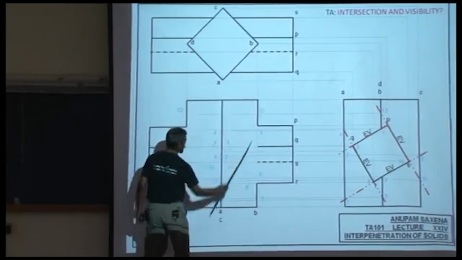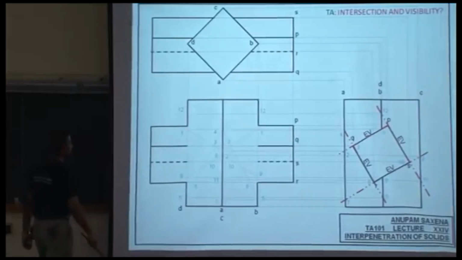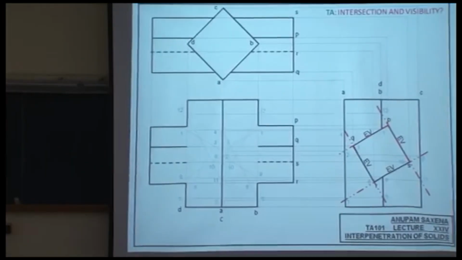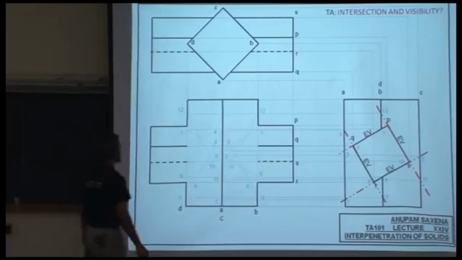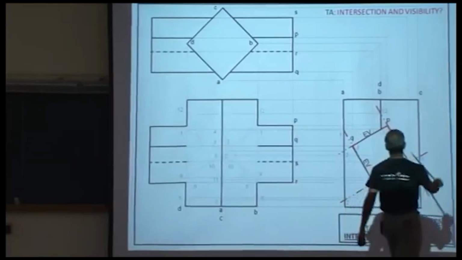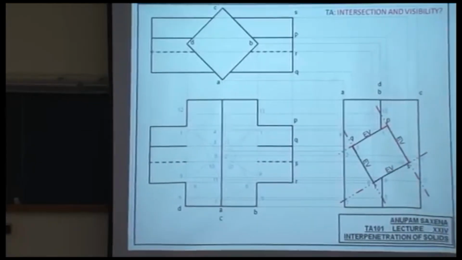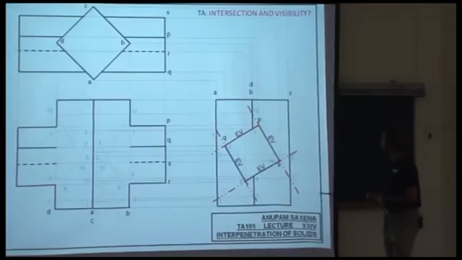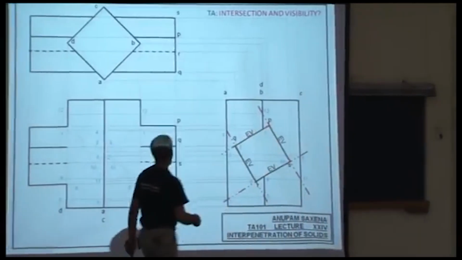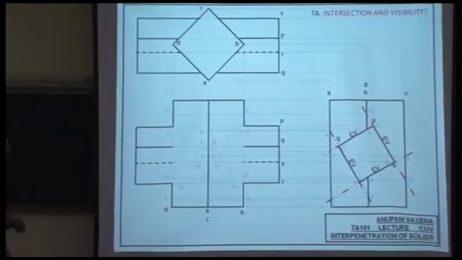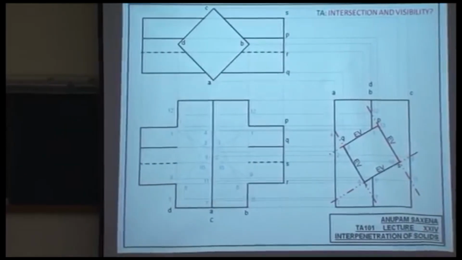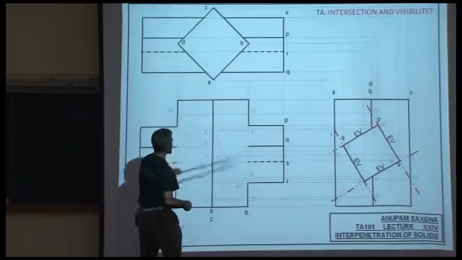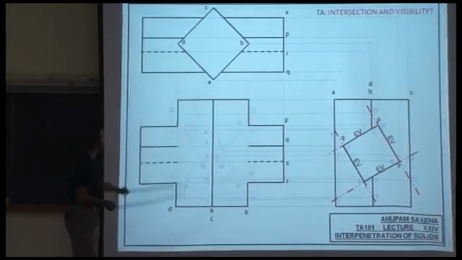Join 11 and 12. The actual intersection is happening here. 13 lies somewhere over here and here.